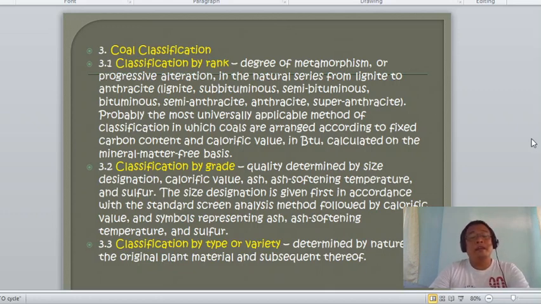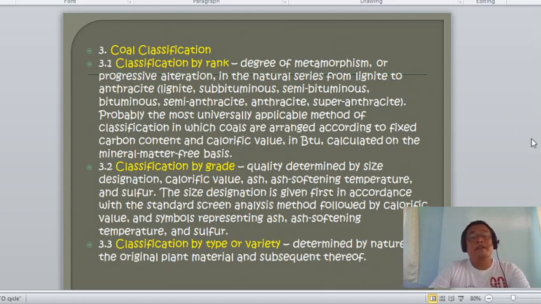Another is the classification by grade, the quality determined by size designation, calorific value, softening temperature, and sulfur.